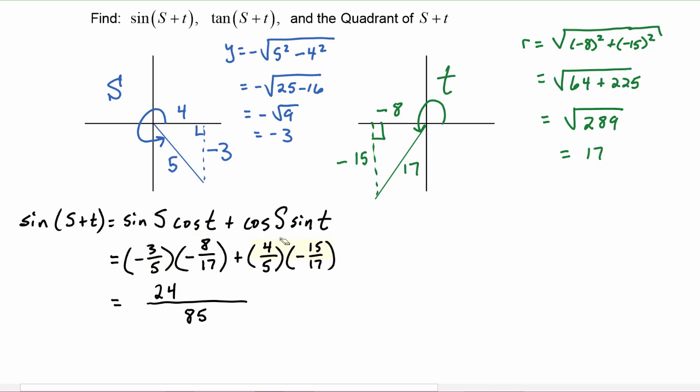In the second product, we have 4 times negative 15 is negative 60, so we're adding negative 60, which is subtracting 60. 24 minus 60 is equal to negative 36, and our denominator is 85.